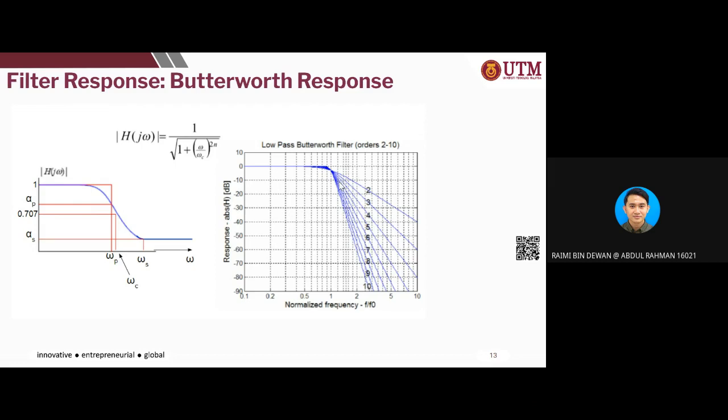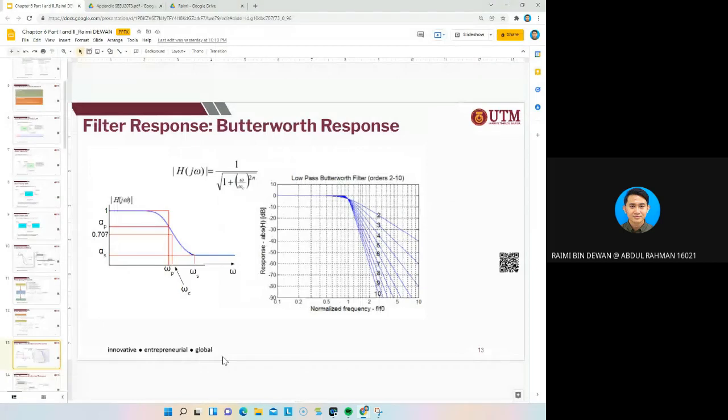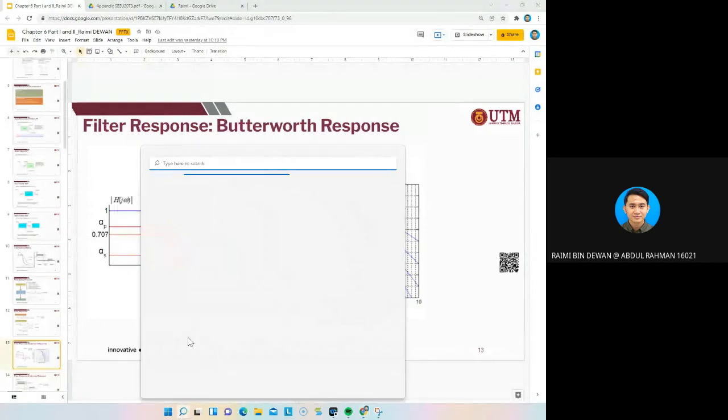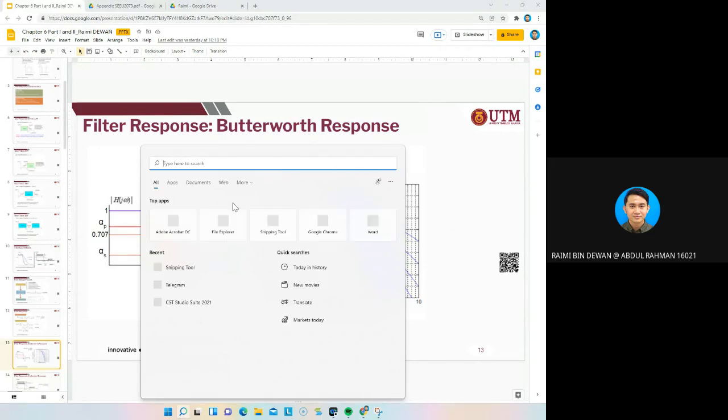So if you compare the filter response of order 2 with order 8, for example, you can see at 8 it is a much faster roll off, meaning it is attenuated faster.